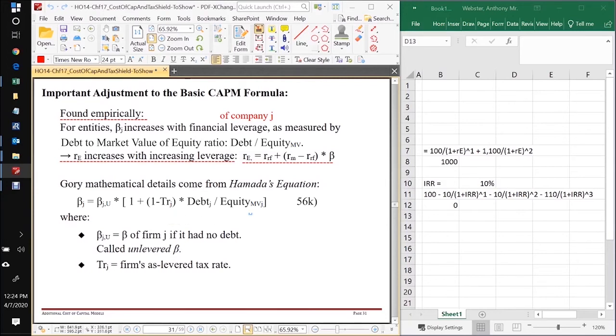I just wanted to show you how it is modeled, and this is actually a pretty reasonable model. Don't need to know this equation, but you do need to know this concept.